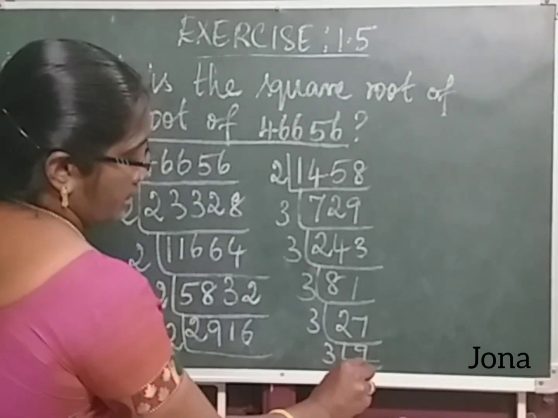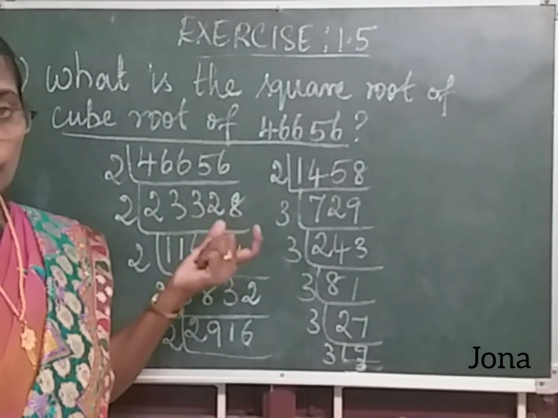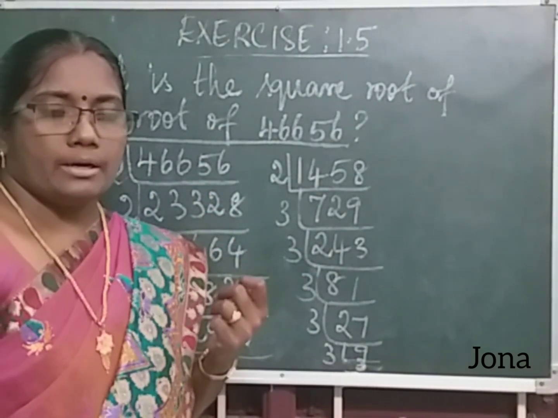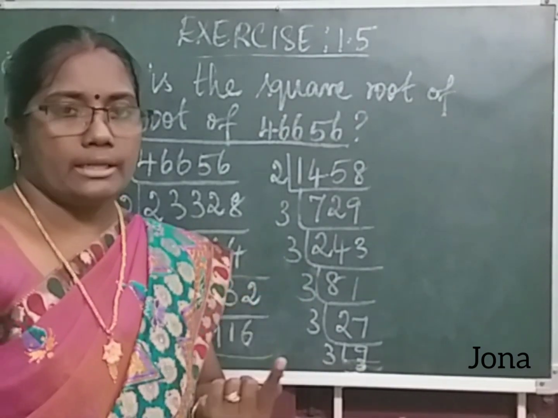Okay. So here I want to find the cube root, isn't it? For this cube root, how to take the cube root from the factors? For 3 numbers we have to take only 1.